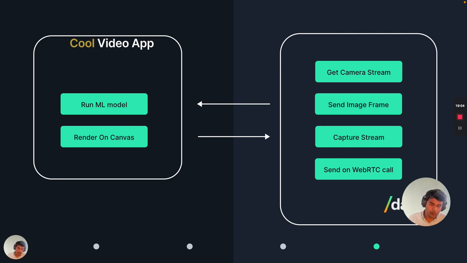What we are enabling people to do is let developers write their own machine learning models and write their own render on canvas method, and essentially have just these two methods that developers need to write, while Daily does all the heavy lifting of the camera stream, sending an image frame to the model to run inference on, capturing a media stream from that canvas, and then finally sending it out on a WebRTC call.